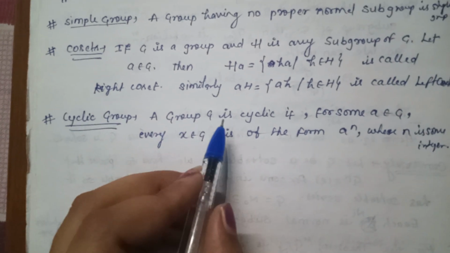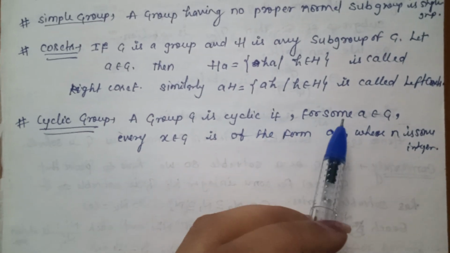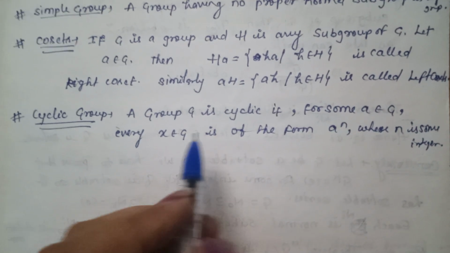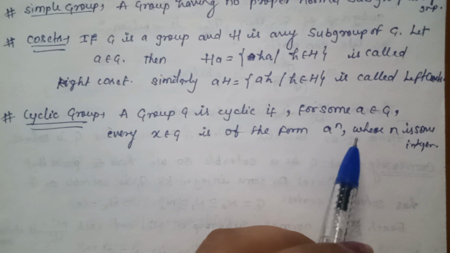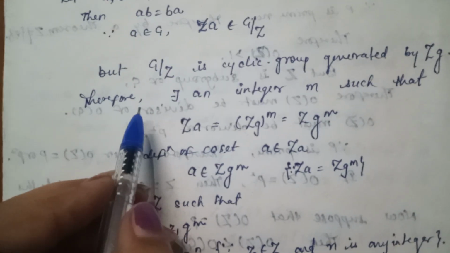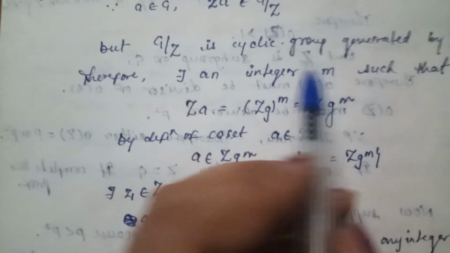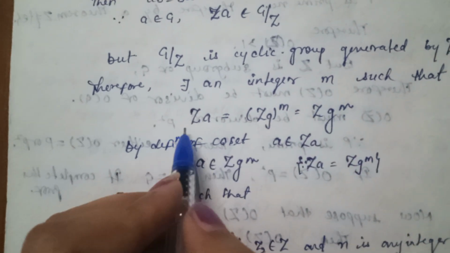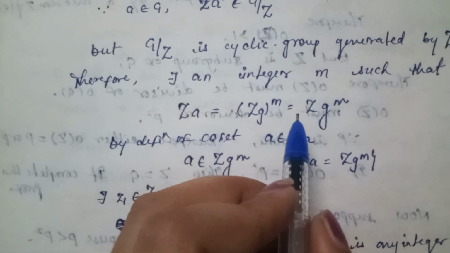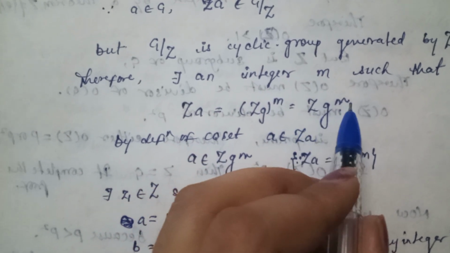अ ग्रुप जी इज साइक्लिक इफ फॉर सम ए बिलोंग्स टू जी every x belongs to G is of the form a to the power n where n is some integer. Therefore, there exists an integer m such that ZA is equal to (Zg) to the power m, which is Zg to the power m.